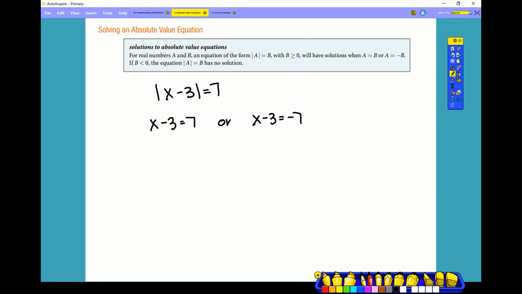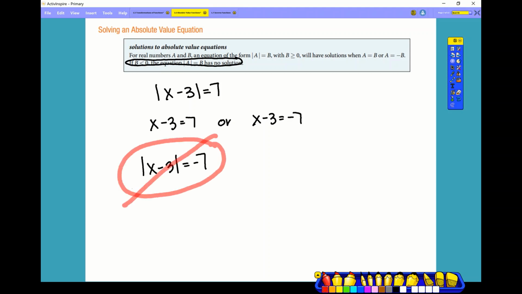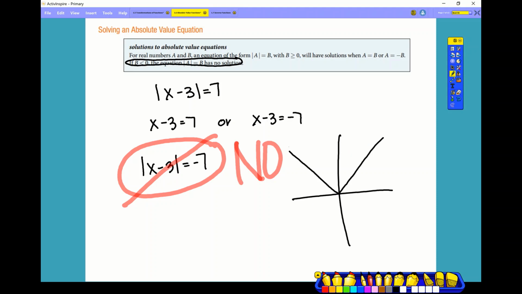But notice, this is one important thing to point out here. If you have an absolute value equal to a negative, this is a no-no. If you remember the graph, it can't be negative.